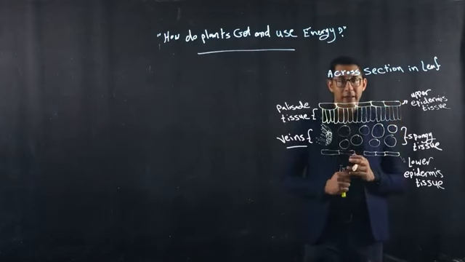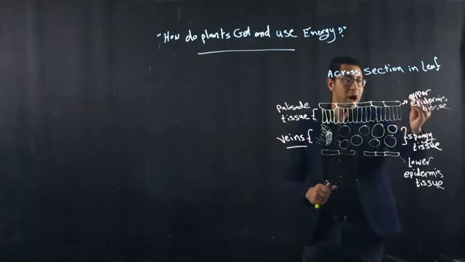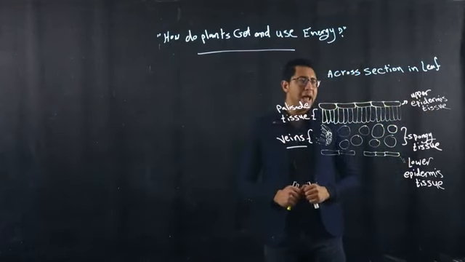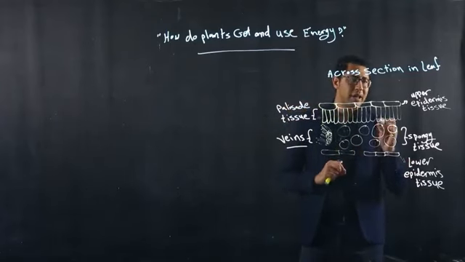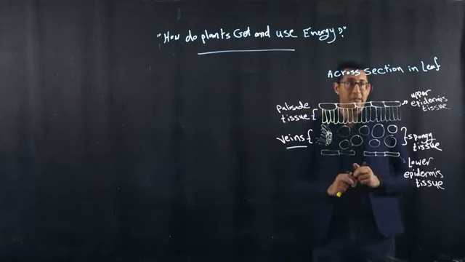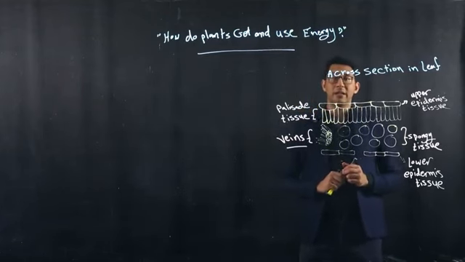There is upper epidermis tissue and lower epidermis tissue. And what is the shape of the cells? The epidermis tissues have flat cells.